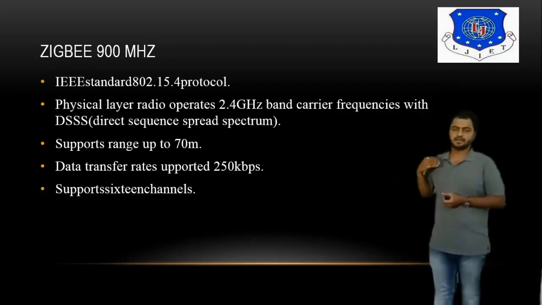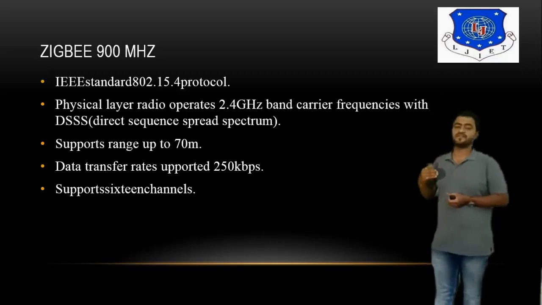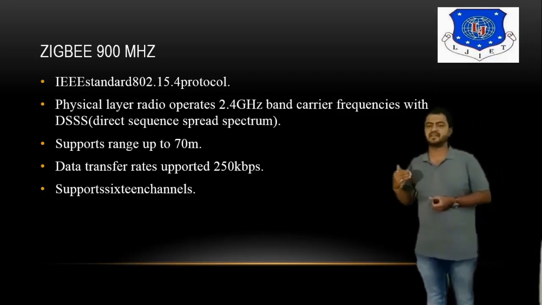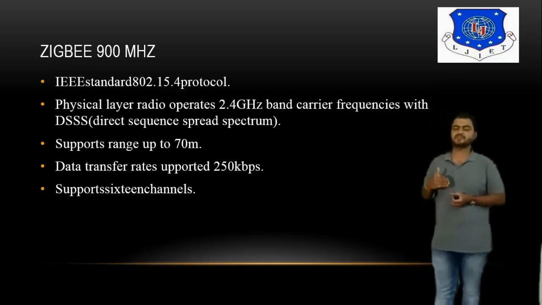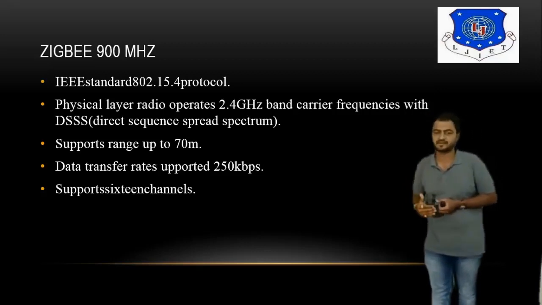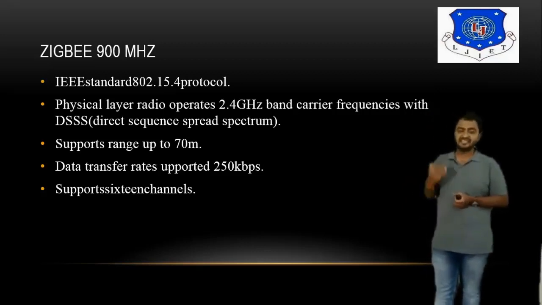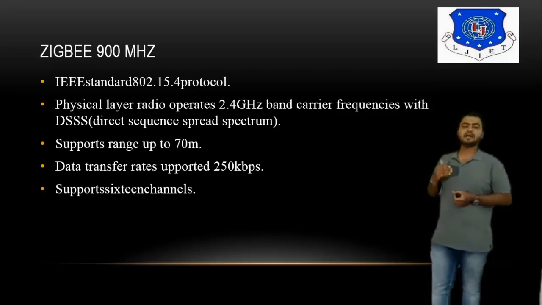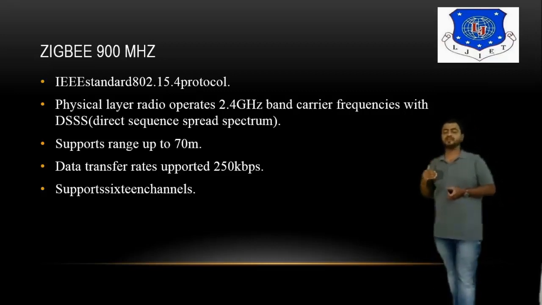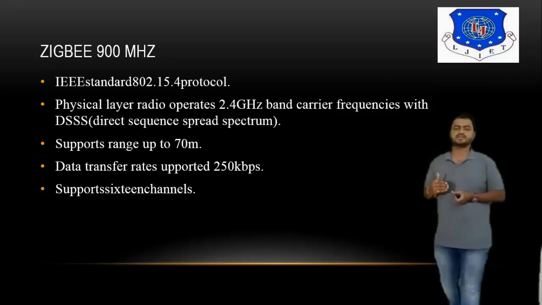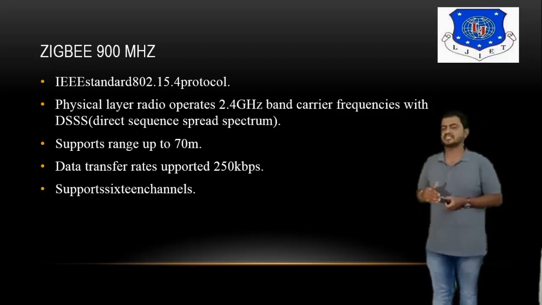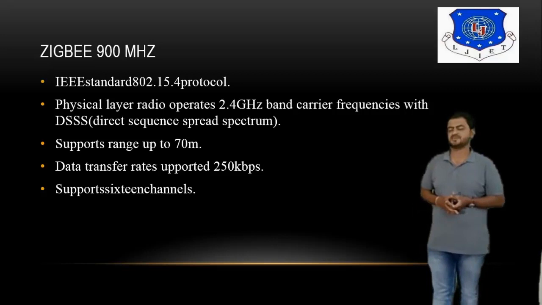The physical layer radio operates on 2.4 gigahertz and baseband carrier frequency with DSSS, direct sequence spread spectrum. It supports range up to 70 meters, data transfer rates of 250 kbps, and supports 6 channels. So basically 6 different devices can communicate together in terms of Zigbee.